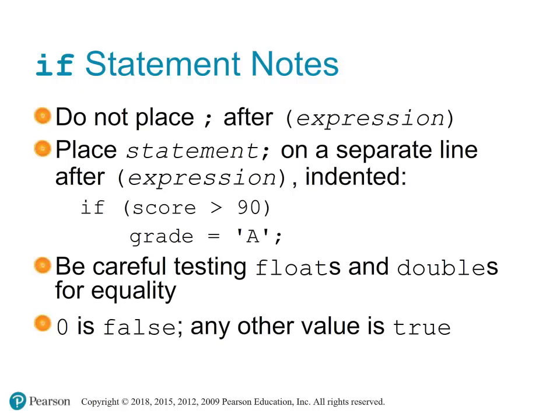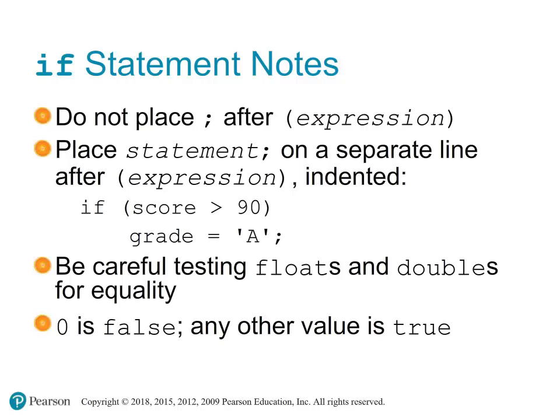ABS is included in the cmath header file. So if ABS, then inside the parentheses you say x minus 3.14. If this ABS is less than 0.0001, so it gives a range.